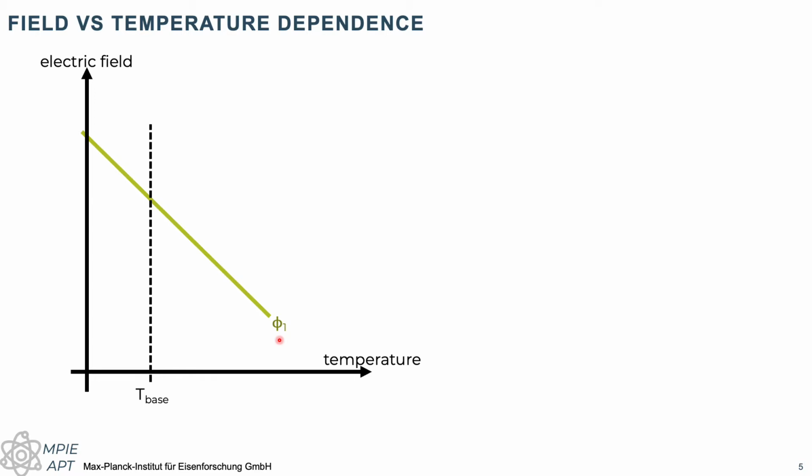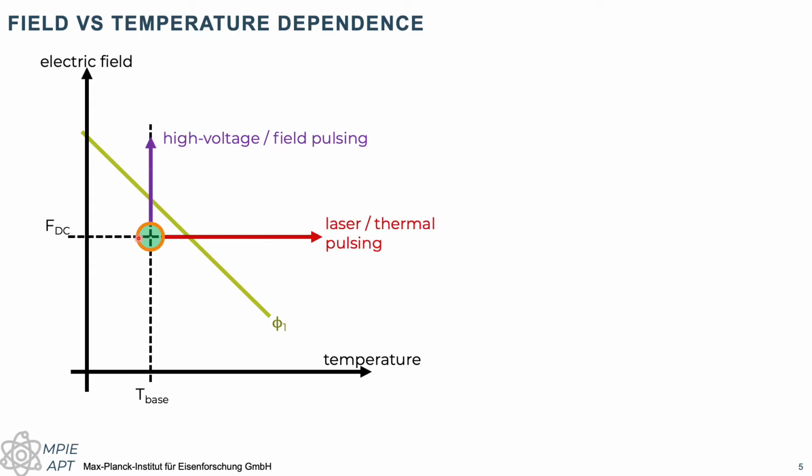Typically I will choose a base temperature and a certain DC field at which I'm going to hold my specimen, and if things are right, I'm going to have zero field evaporation unless I start pulsing, either through high voltage, so I'm increasing the field temporarily, or through laser pulsing, and then I'm increasing the temperature temporarily. And again, there's a whole range of different curves like this. As I increase the detection rate or field evaporation rate, it forms a network of these curves.